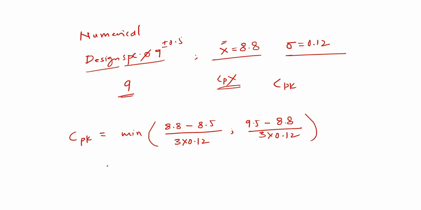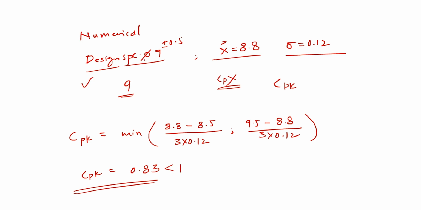The minimum of these two will give you the Cpk value. Calculate this, then calculate this. The minimum of these two will be the Cpk value. If I calculate, I get 0.83. So for this particular design specification, I am getting a Cpk value equal to 0.83, which is less than 1.